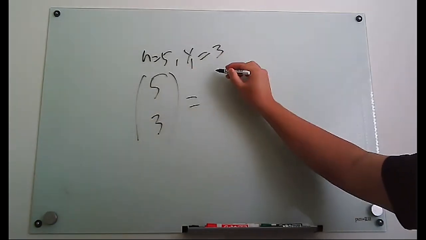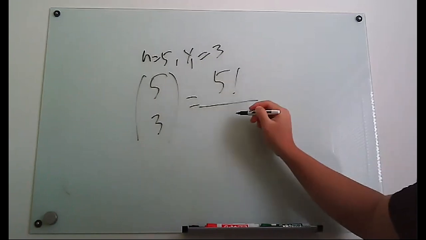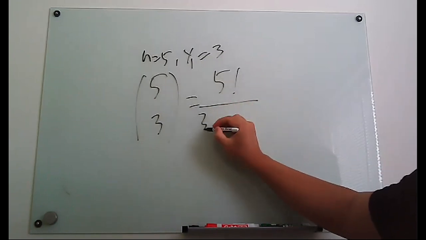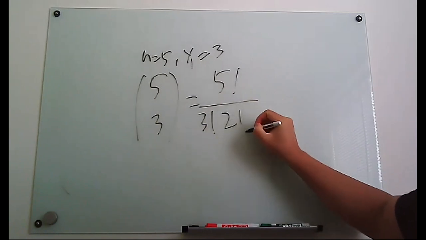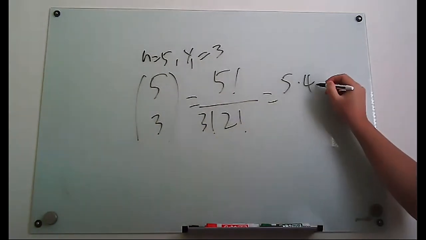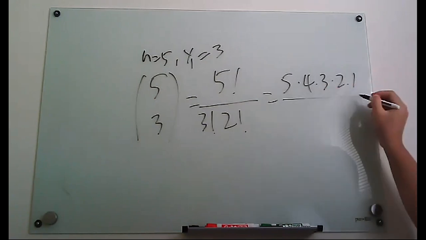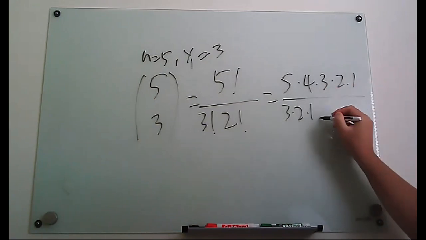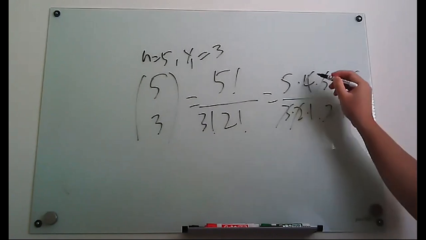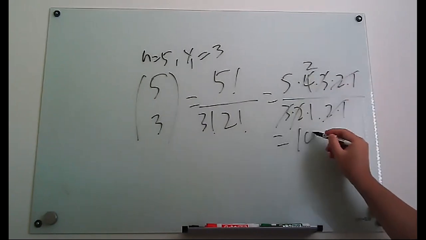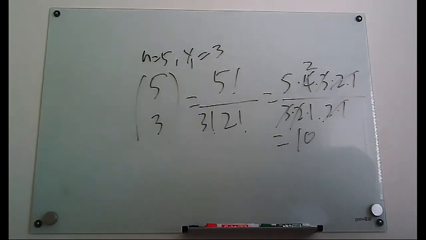That would be 5 factorial over 3 factorial times n minus y, so 2 factorial. It's going to be 5 times 4 times 3 times 2 times 1 over 3 times 2 times 1 times 2 times 1. Cancel out these numbers, so it's just 10 over 1. It's going to be 10.